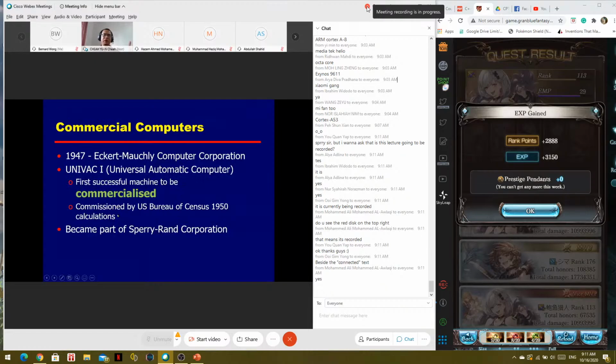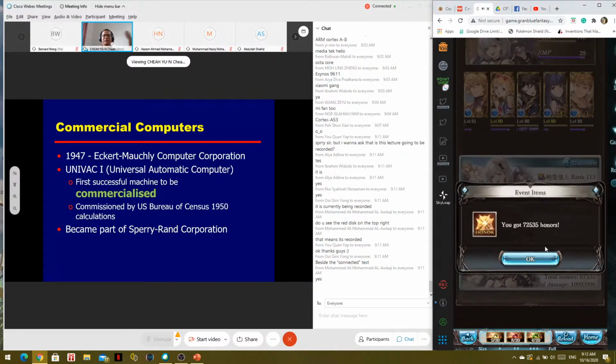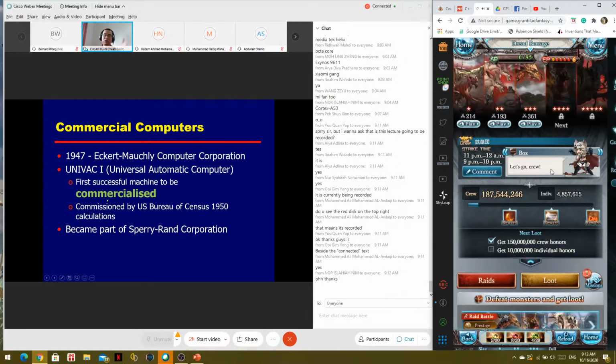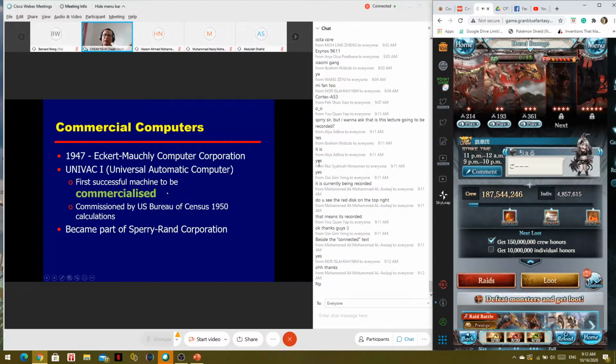Okay, let's move now to the more commercial computers. The IAS machine was the prototype, but then there were eventually commercial machines. UNIVAC 1 was the first commercial machine, and it was used by the US Bureau of Census to calculate census data and stuff like that.